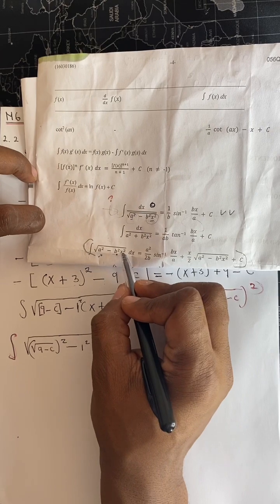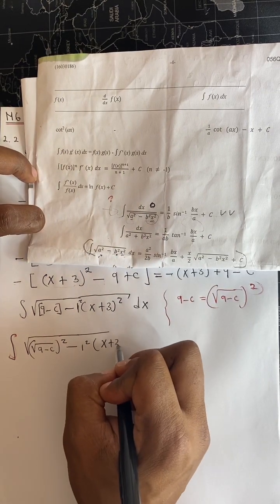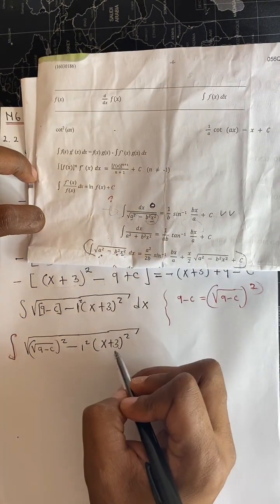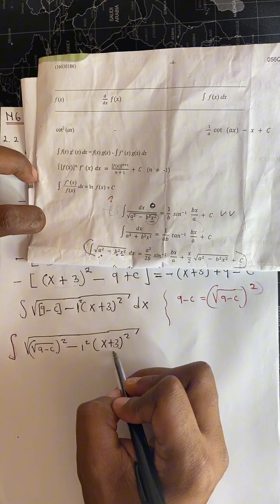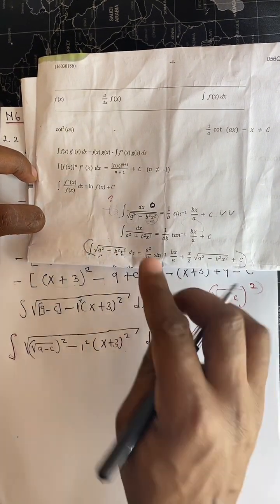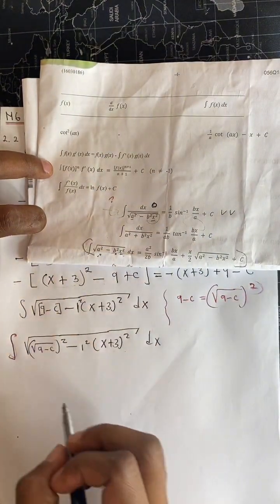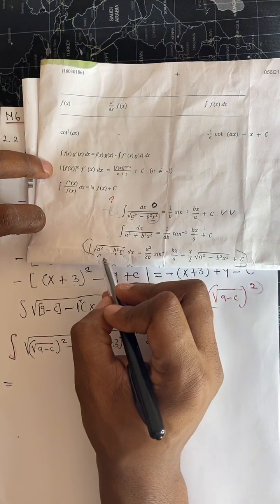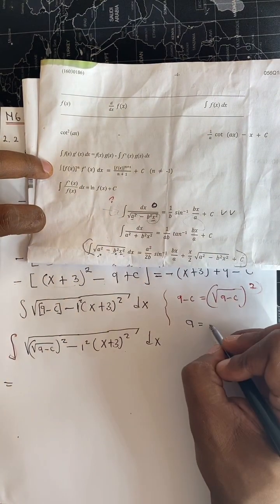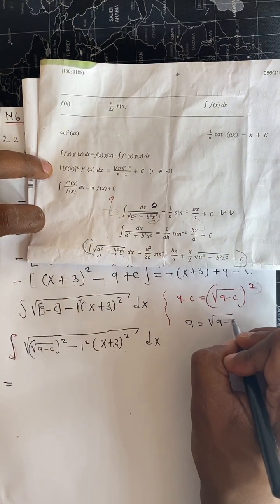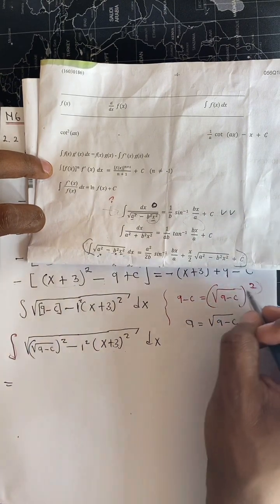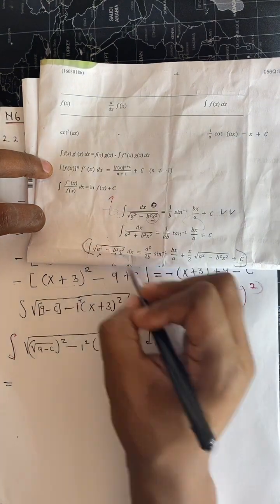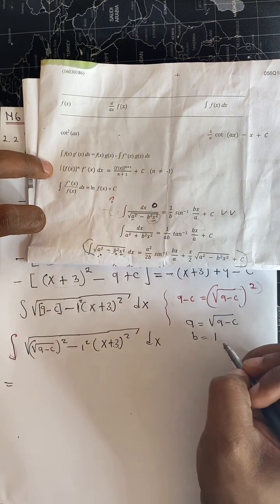So in the place of the x, we have the x plus 3 squared. So they squared the x, so we only have to square the x plus 3 dx. So the integral of this whole thing will be equals to, so a in this case will be equals to the square root of 9 minus c, and when you square this a, you'll get back the 9 minus c, and b in this case will be equals to 1.